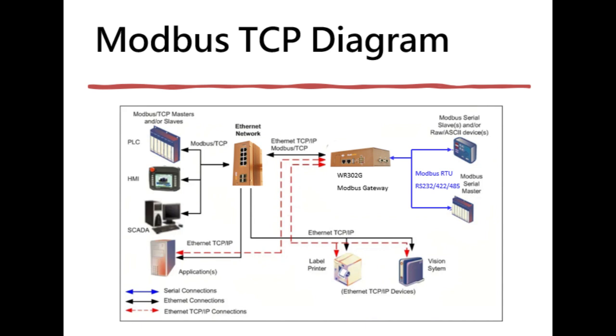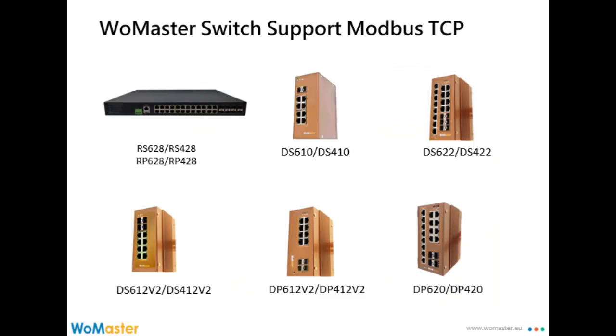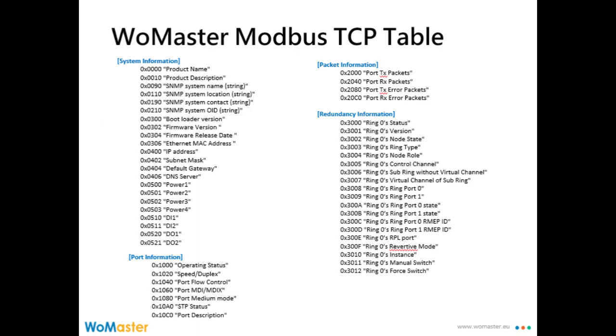As Modbus TCP operates over Ethernet, monitoring the status of network switches by Modbus TCP protocol is necessary, requiring the switches to support Modbus TCP protocol. WoMaster Layer 2 and Layer 3 Ethernet switches support Modbus TCP protocol with complete Modbus TCP table and register for monitoring the models and status of the switches.